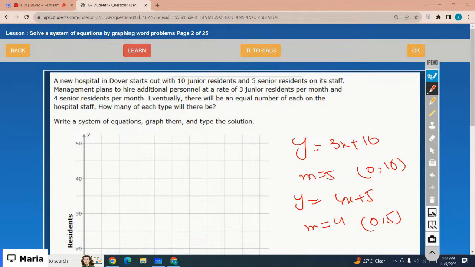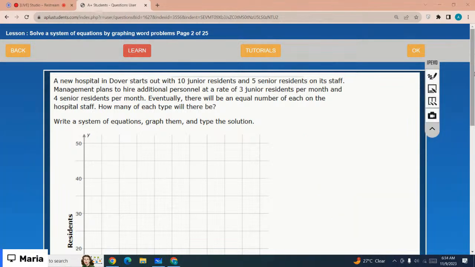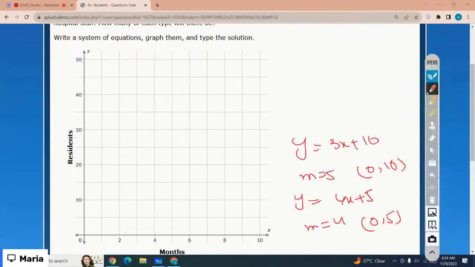Let's just make two lines for these points. Okay, for the first one, x is 0, y is 10, right? And the slope is 3 over 1. Move 3 points up and 1 right, 3 over 1, right?